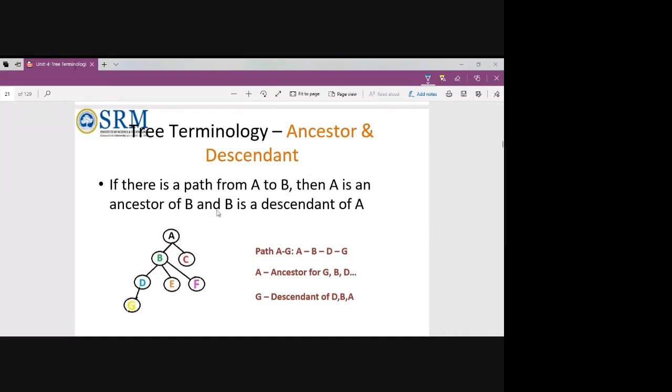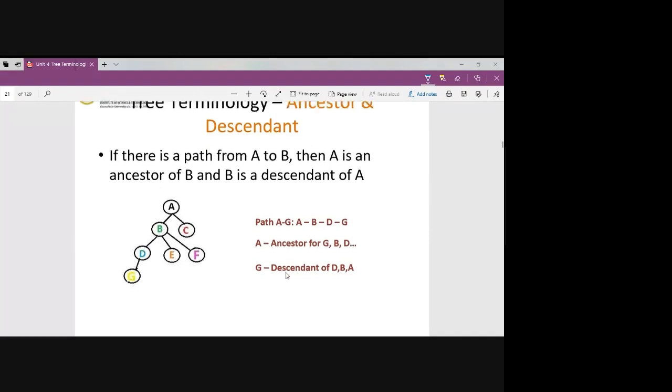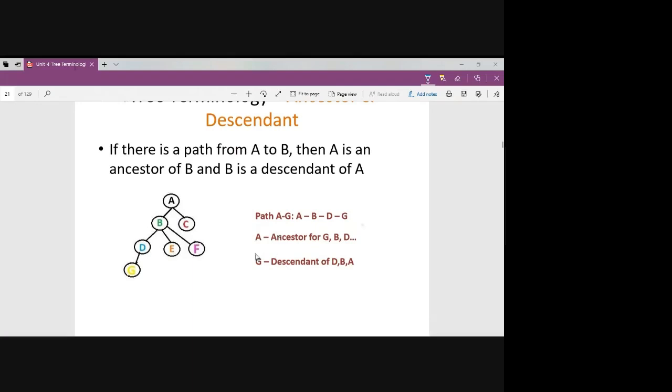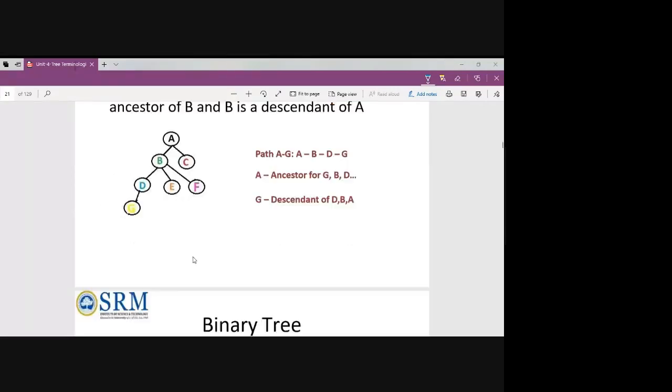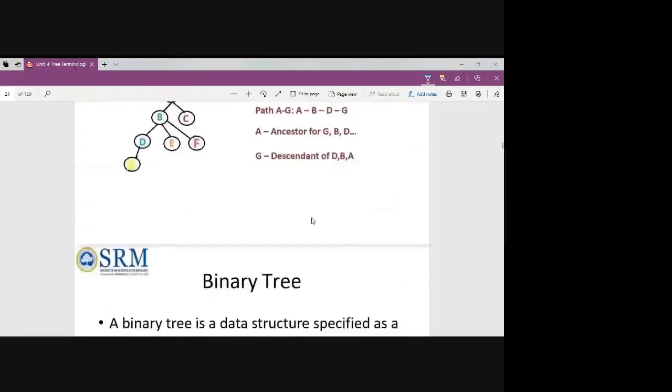So A to B means A will be the ancestor of B, and B will be the descendant of A, that is the child of A. A will be the ancestor for B, then C, then D, then G, everything. A is the ancestor of all. And G will be the descendant of all, because it is the last child in the particular tree. Okay, so this is what ancestor and descendant mean.